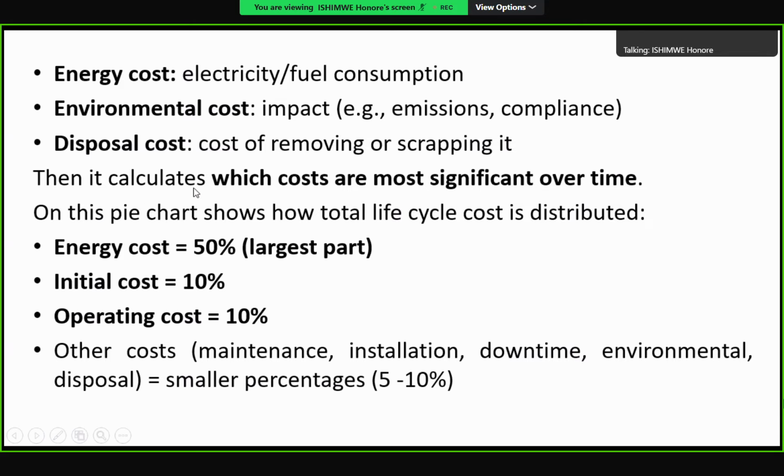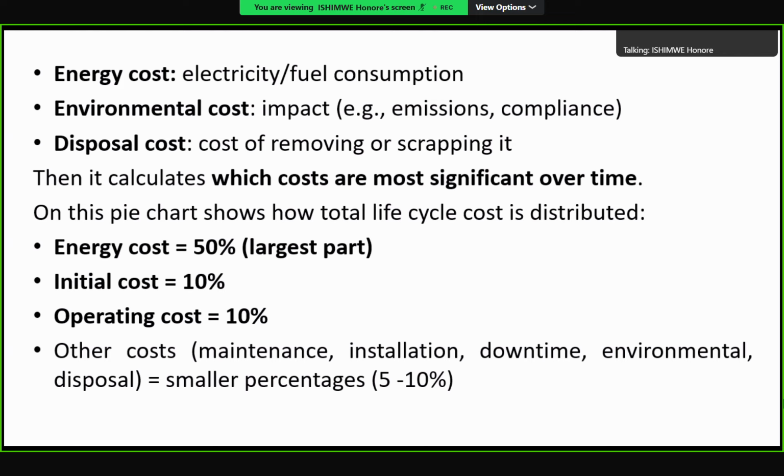So then you calculate which costs are most significant over time. On this pie chart, it shows us how the total life cycle cost is distributed. You analyze at the end of the day, if you are using life cycle costing, I talk about the reward system, how it works when you're using this life cycle costing.